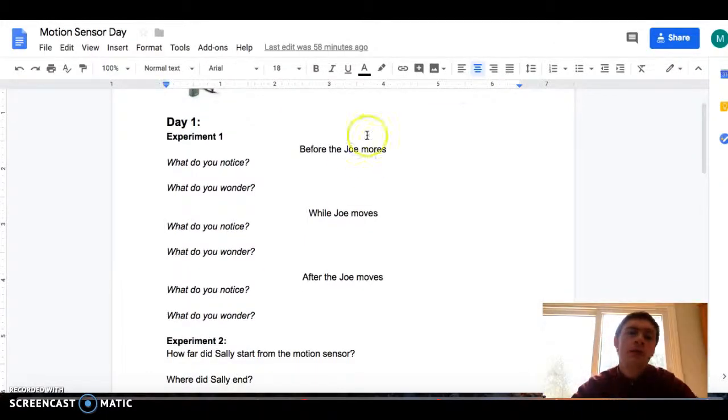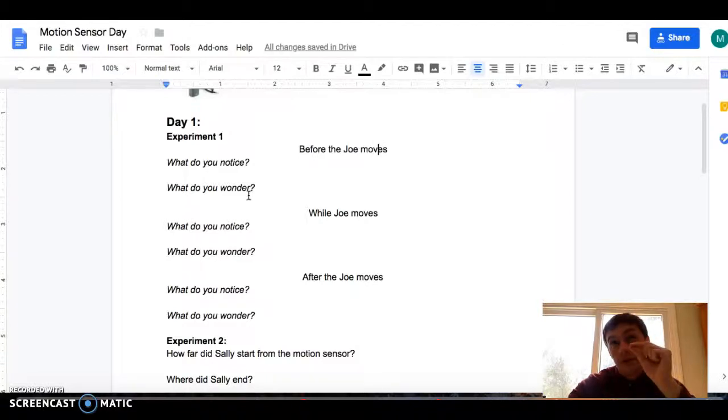So students will be working on this page while Joe, for instance, moves. What do you notice about the graph that's going to be set up on the projector before Joe moves? What do you anticipate? I see a graph. I see it's measuring position and time. Could be something they notice.